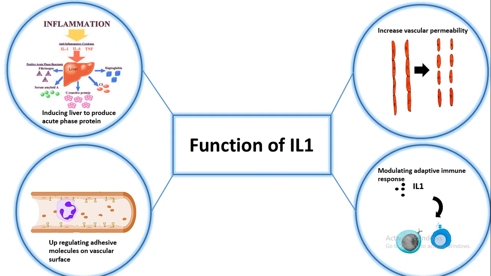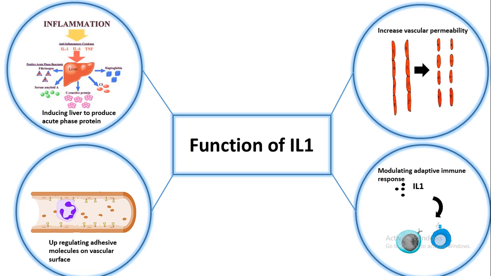So, the overall functions of IL-1. IL-1 is a prevalent pro-inflammatory cytokine. So definitely it increases vascular permeability. It also modulates the adaptive immune response, that means the immune response of B cells and T cells. It also forces the vascular surface to express several adhesive molecules, which in turn slow down specific immune cells such as neutrophils on the vascular surface.